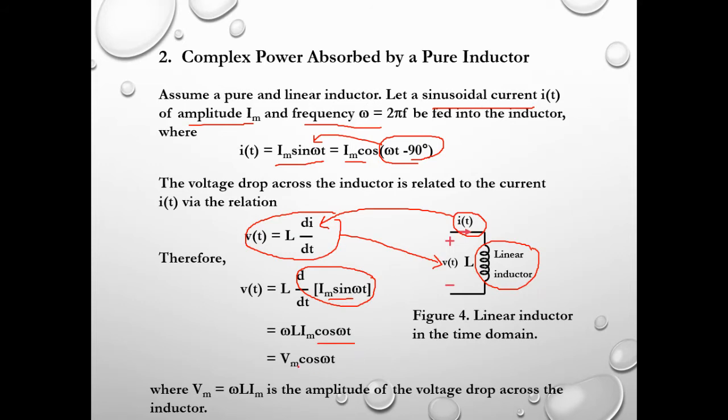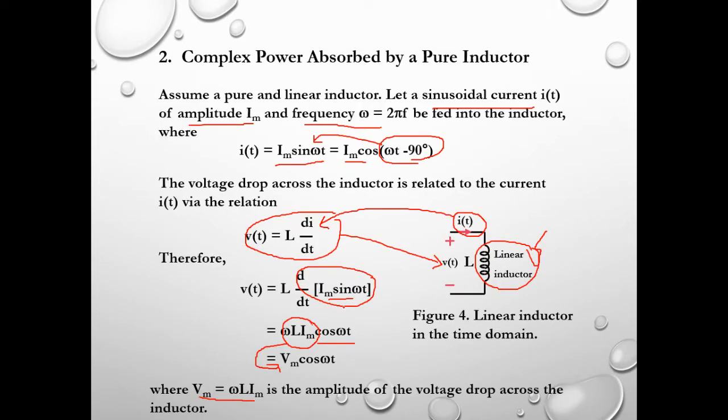We can represent omega L Im as Vm, where Vm equals omega L Im, the amplitude of the voltage drop across the linear inductor.